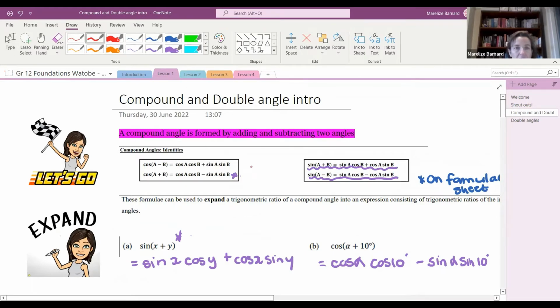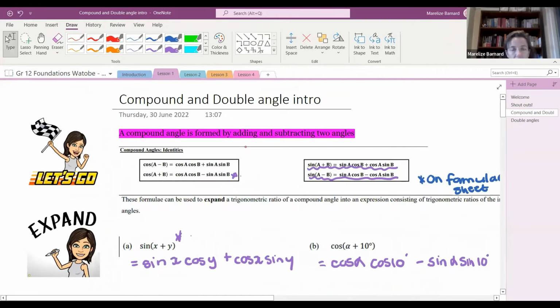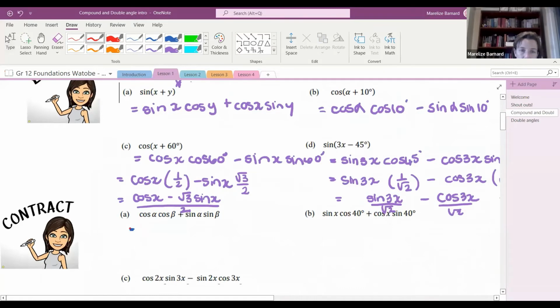Okay, look carefully, Mpilo. We do have a plus between the two terms, which will make it cos A minus B. Okay, so it's this first one here. So we can rewrite this as cos alpha minus beta.